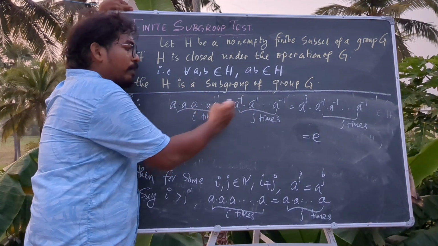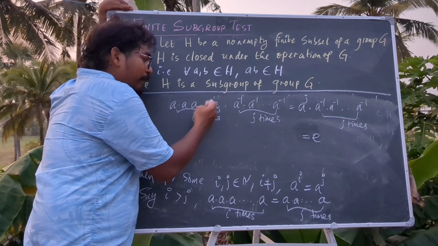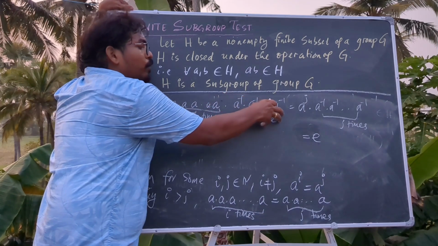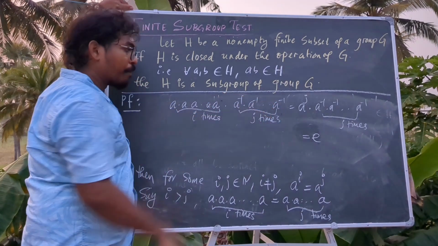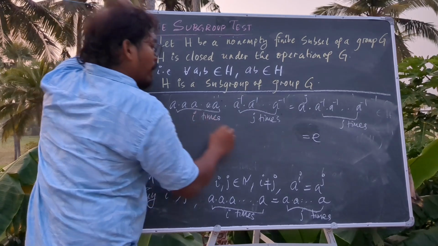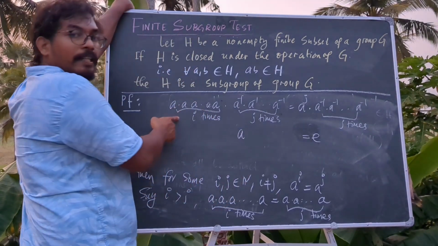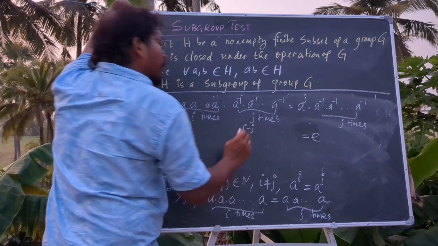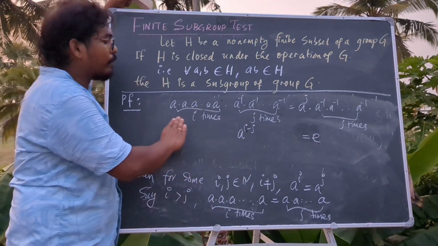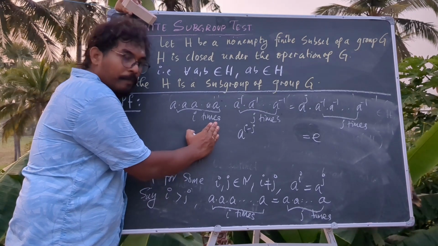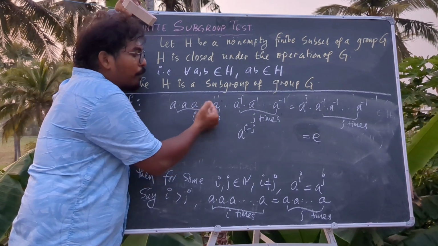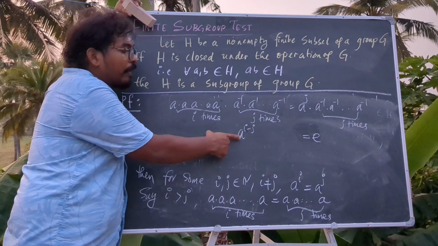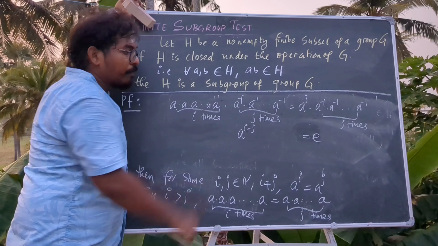In this way, j number of a's will be cancelled with the j number of a inverses. So how many a's will I have here? I will have i minus j a's, because I have i number of a's and j of them are cancelled with the j number of a inverses.